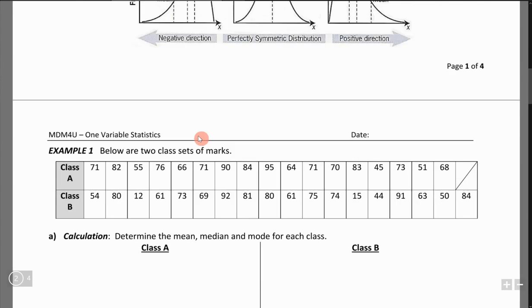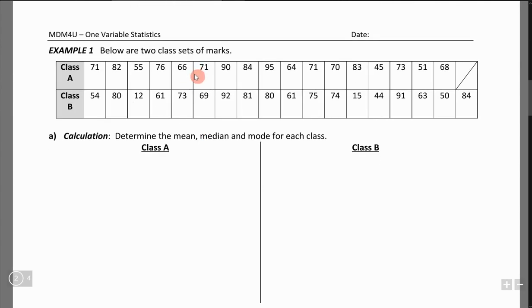So on the next page, example 1: here are sets of class marks. They're not sorted, right? So they're all over the place. So what you want to do is sort the data. I'm going to sort the first set by place order, from lowest to highest. This is what it's going to look like.